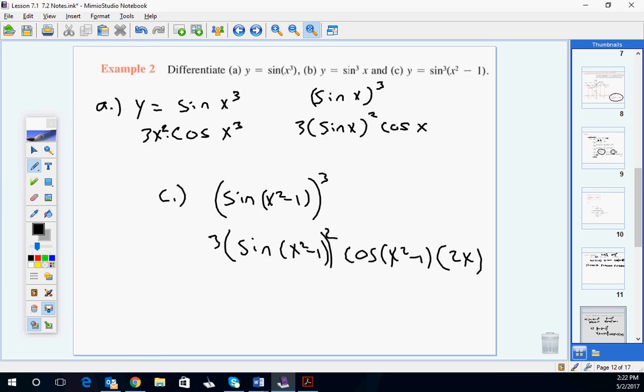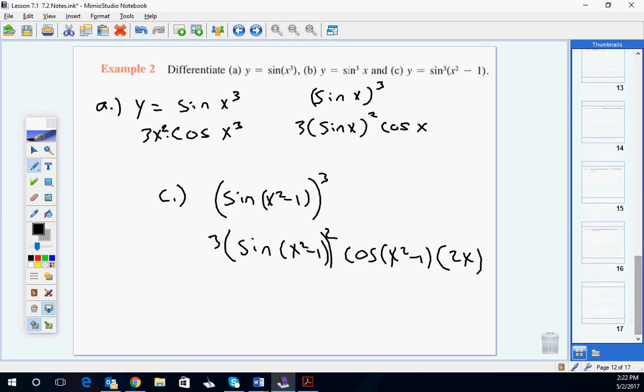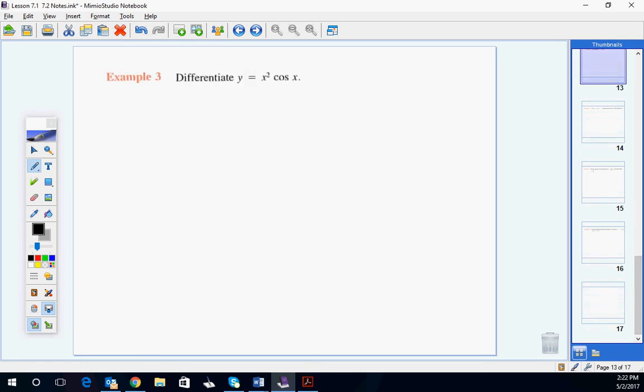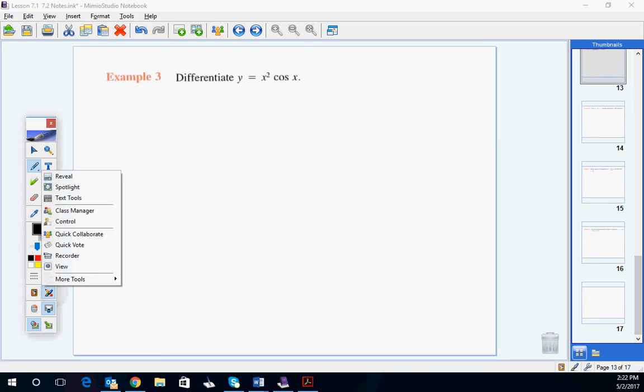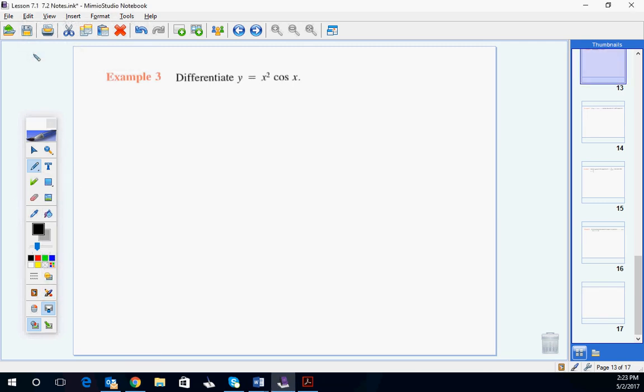All right. Couple more here. All right, try that one. So it's a product rule. Try that one. Okay, so all you have to do here is first derivative second. So that's going to be x squared times a negative sine x. I'll put the negative out there. That's the first piece.